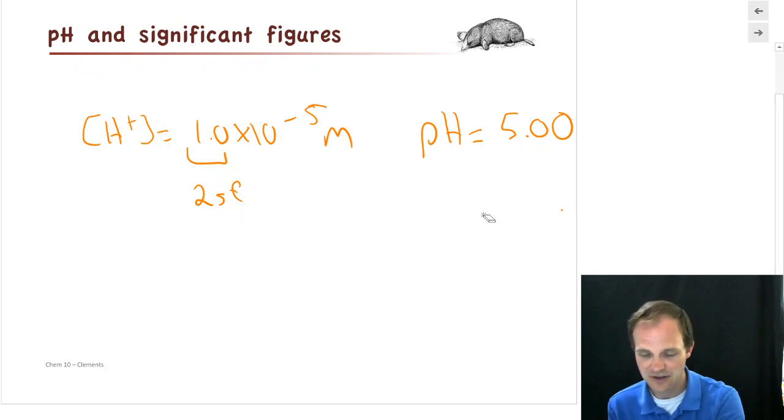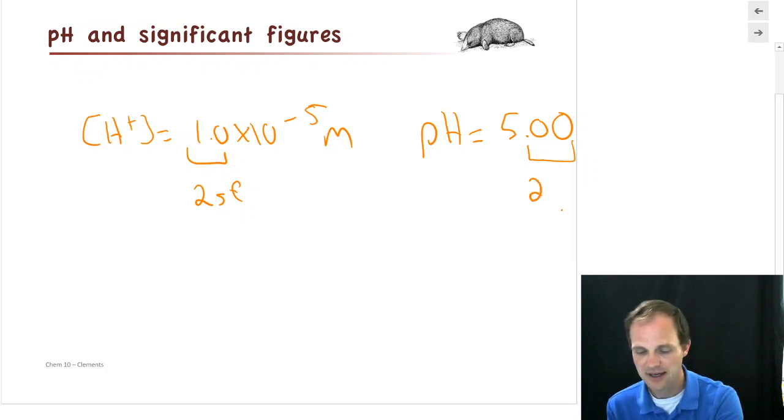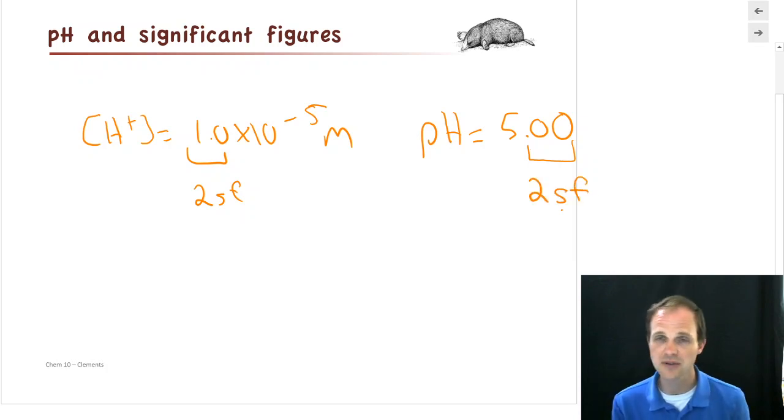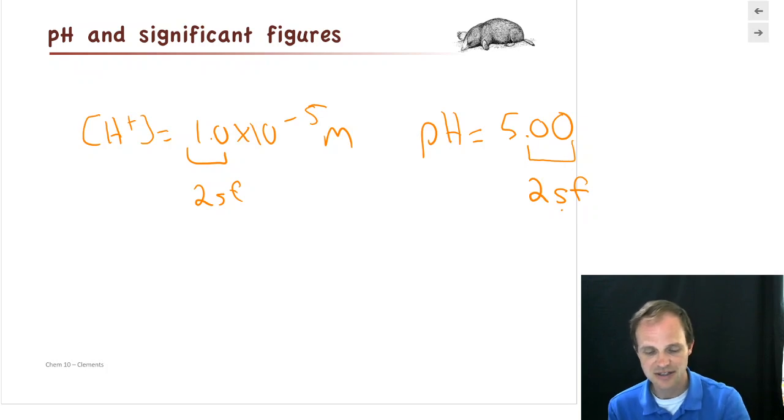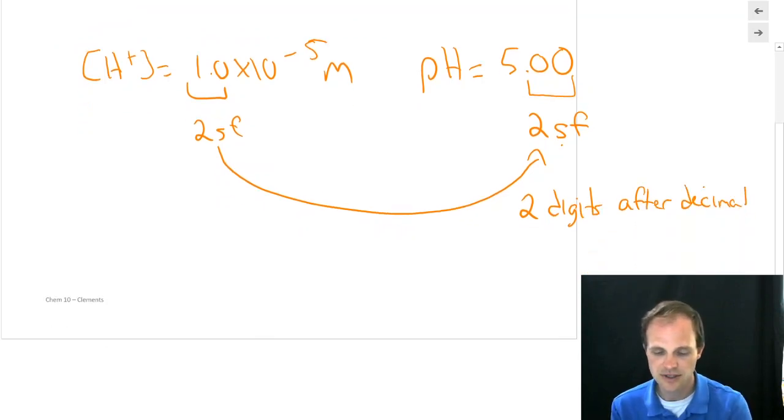The significant figures in a pH are actually only the digits after the decimal, not the digits before the decimal. And so my sig figs here are only those digits after the decimal, but only for a pH, only for something where we took a log to get that number. So my 2 sig figs becomes 2 sig figs here. What's easier to remember is it becomes 2 digits after the decimal.